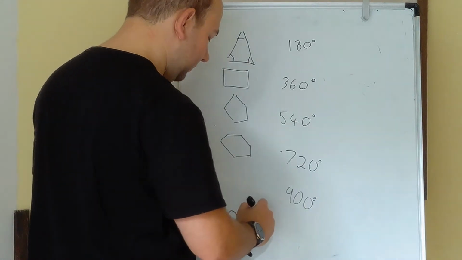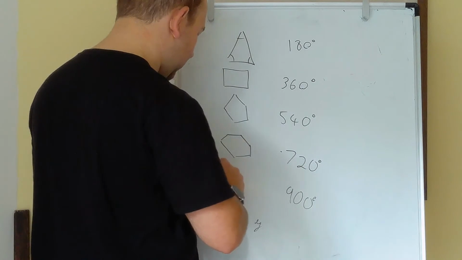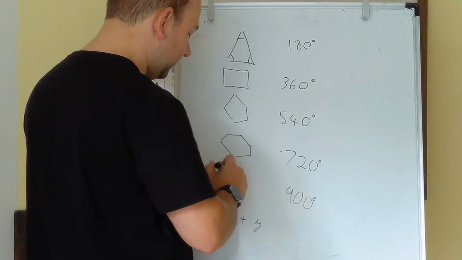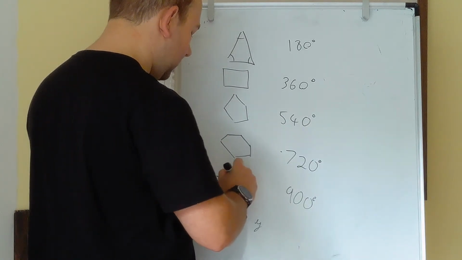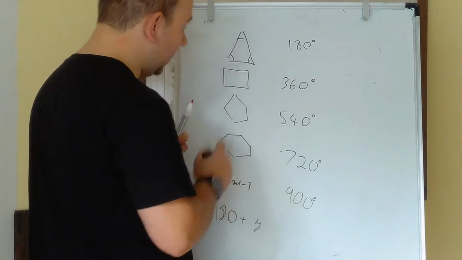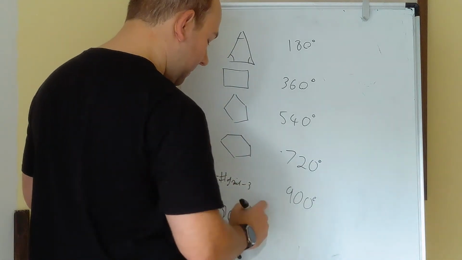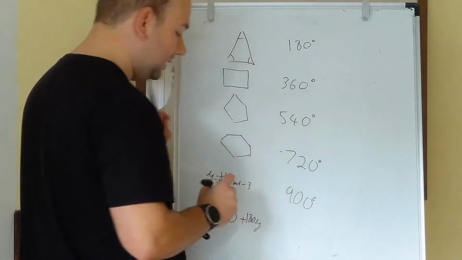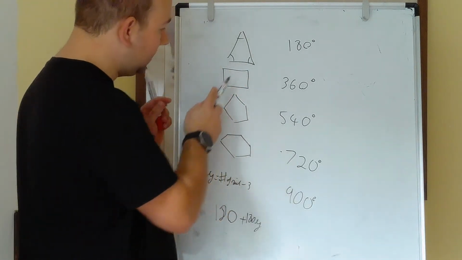So we'll call it the number of sides of the shape, minus 3, because we have to take off the number of sides for that triangle, and we're going to multiply that by 180 degrees.